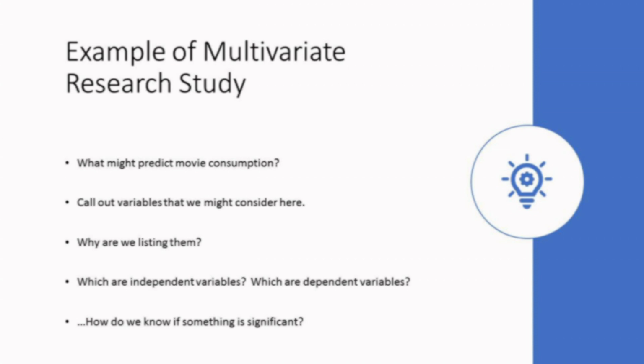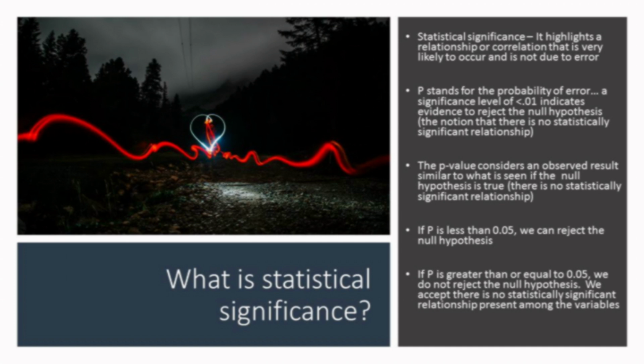Let's keep going. So what is statistical significance? Statistical significance highlights a relationship or correlation that is very likely to occur and is not due to error. The p-value stands for probability of error. What is the probability that there's error here, that this is random error, that this relationship really doesn't exist?